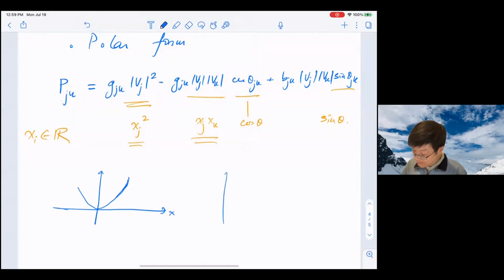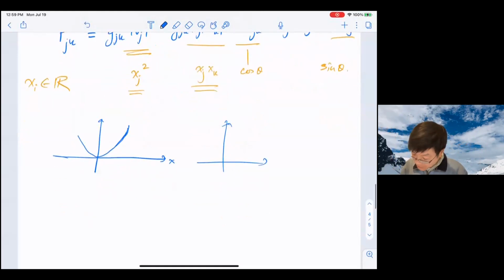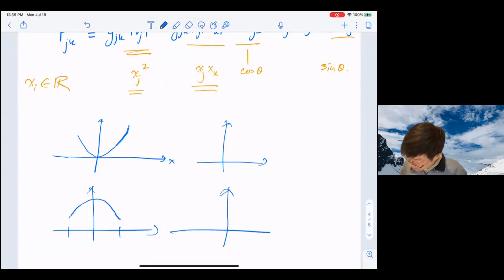If it is bilinear, it's harder to draw. You can still draw it in 3D, but it's some nonlinear surface. And if it is cosine, let's say it's this, right, with a certain bound. If it's sine, it looks something like this.